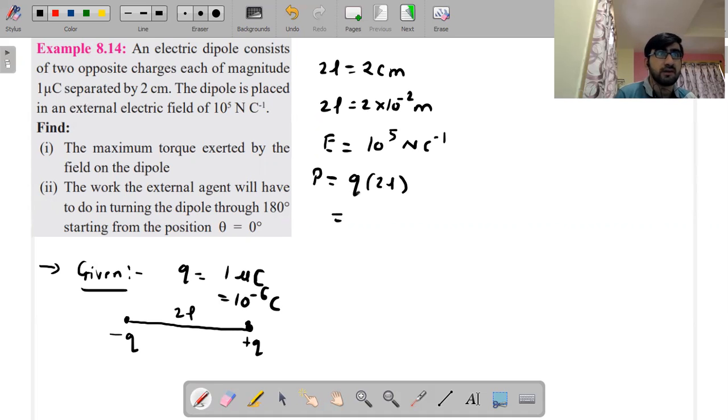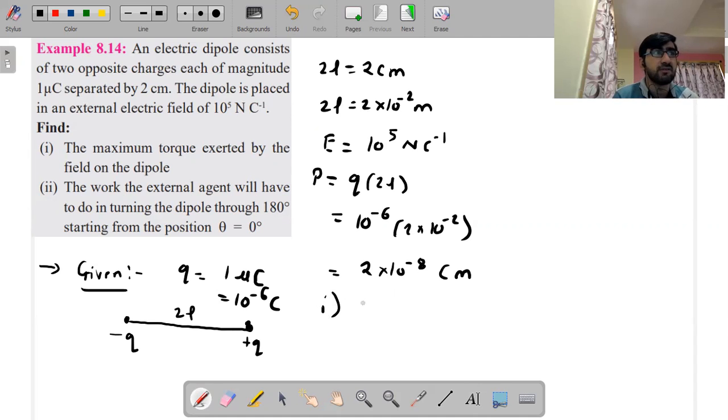Therefore you can just write it over here 10 power minus 6 into 2L is 2 into 10 power minus 2 meter. तो ये solve करोगे तो you will get 2 into 10 power minus 8. Okay, some units you can work out. The unit is like charge into distance, तो coulomb meter में आएगा. So this is P value.